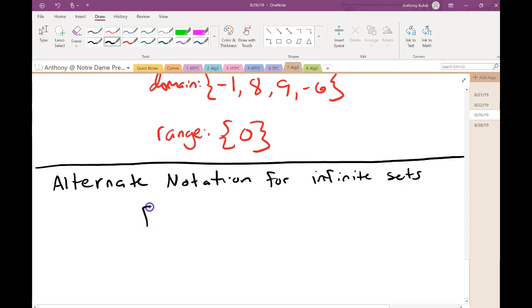So the form for the notation is going to be a lower bound with a comma and then an upper bound. I'll talk in a moment to clarify what I mean by lower bound and upper bound.